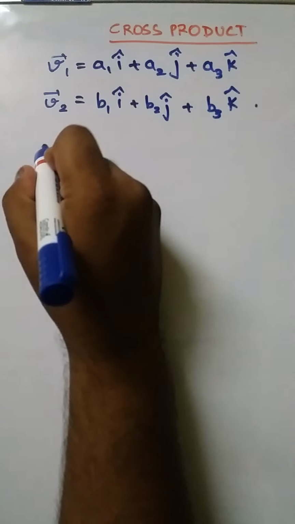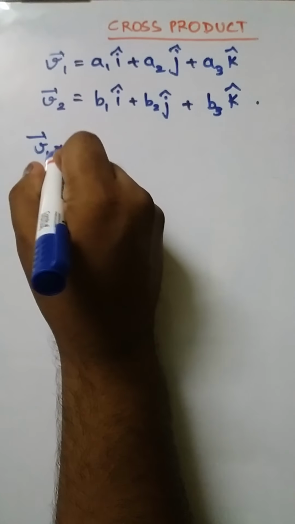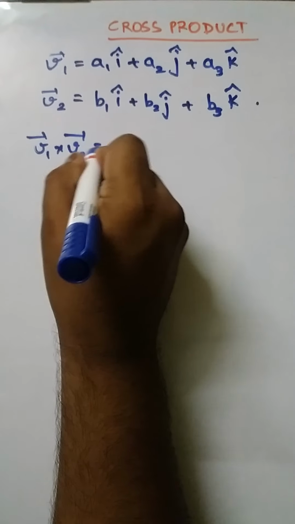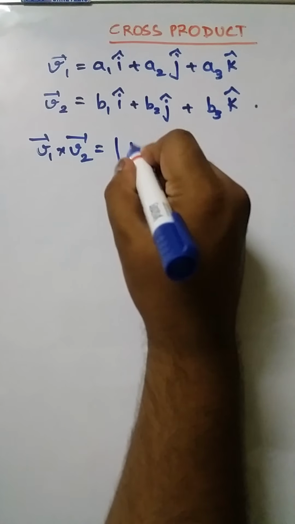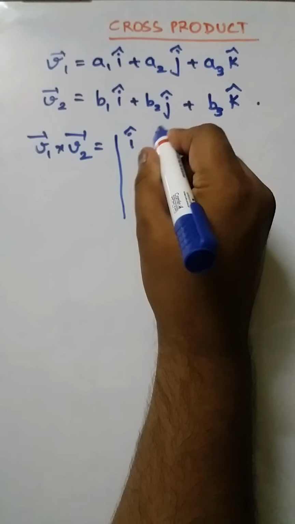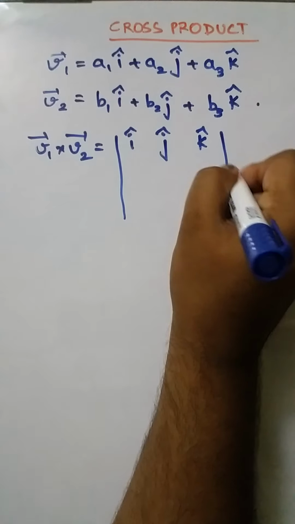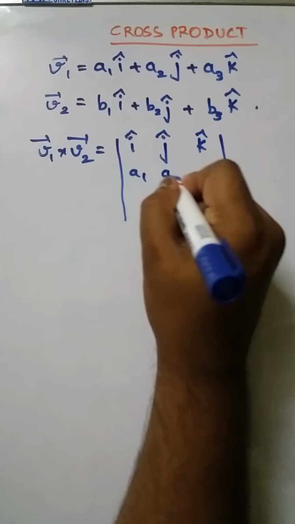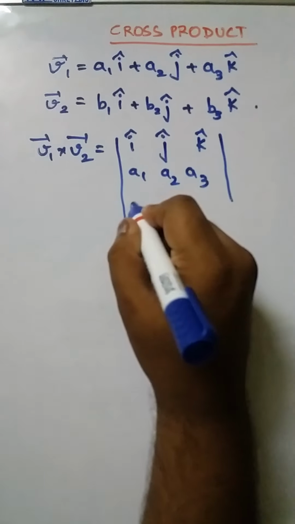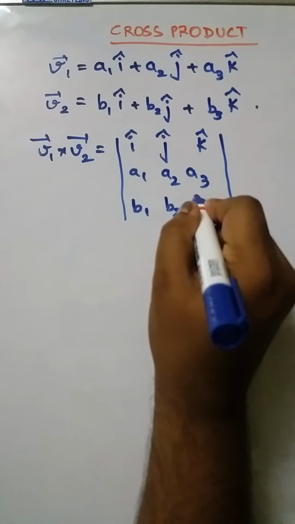So v1 cross v2 is defined as the determinant of i, j, k; a1, a2, a3; b1, b2, b3.